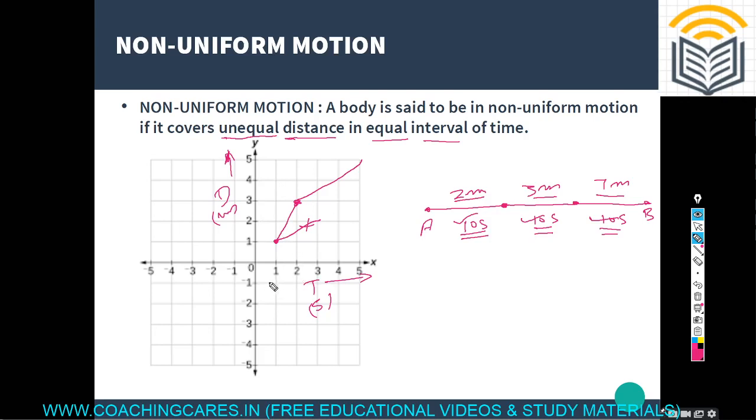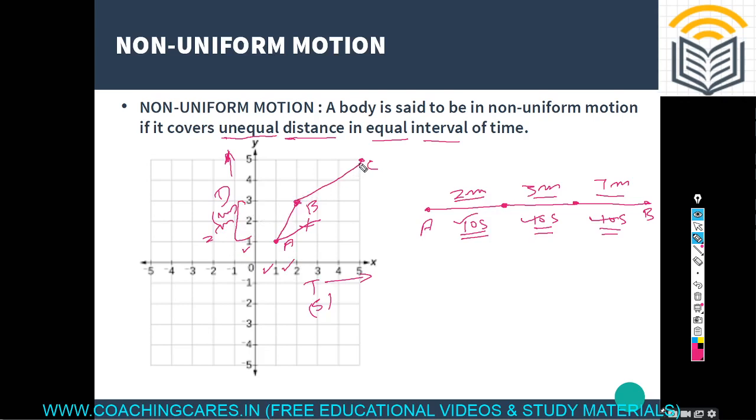So the time intervals, say this is A, this is B, this is C, and this is the final position. In the first time interval of 1 second, the body movement is 1 meter. In another 1 second, the body movement is 2 meters, which is different.